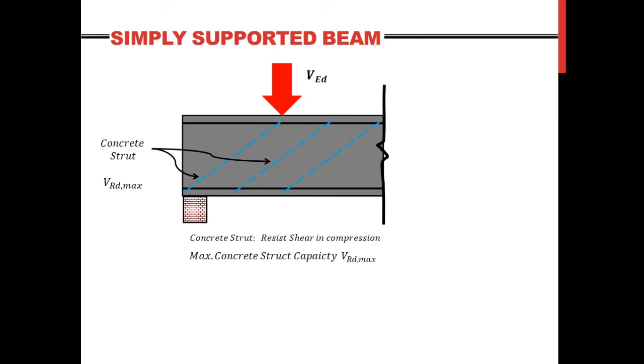The concrete compression strut is said to have a maximum resistance, the VRd,max, and it's given by the code as the following equation. b is the breadth, z is the same as before, fcd is the compressive strength of my concrete, the grade I'm using, divided by its partial factor of safety. v is the strength reduction factor.